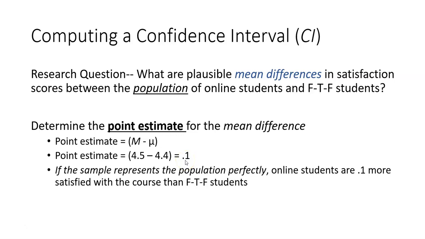If the sample represents the population perfectly, then we would have the statement: online students are 0.1 higher in their satisfaction than face-to-face students. But we don't know that that is exactly the case. We don't know that the sample represents the population perfectly, so we have to have a margin of error. This is going to be our starting point, but we're going to add a margin of error to that.